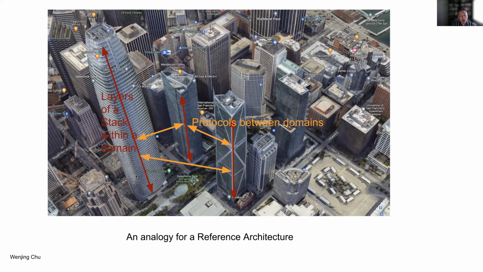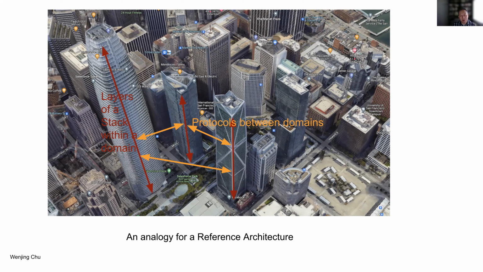But it's not just one building. So in a complex ecosystem, you have many buildings representing different parties who communicate with each other collaboratively to implement more sophisticated, more complex functionalities. And so between these buildings, we will have what we call protocols. And these protocols operate in certain layer.